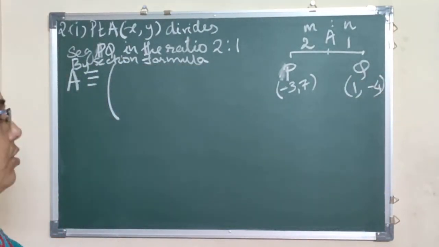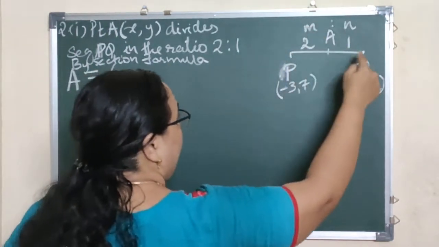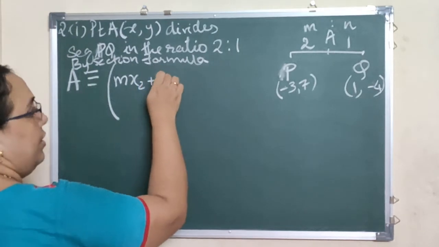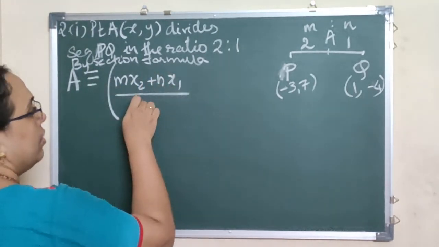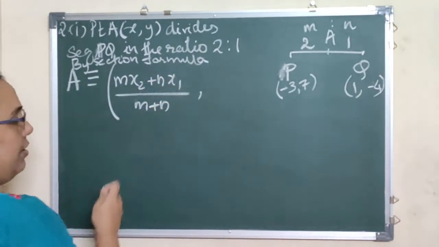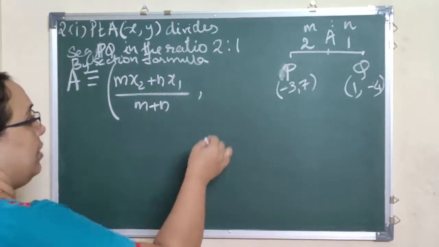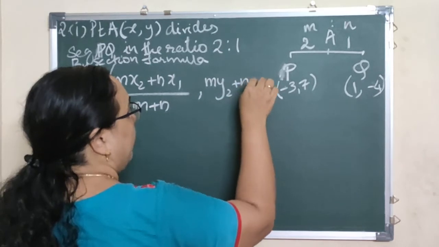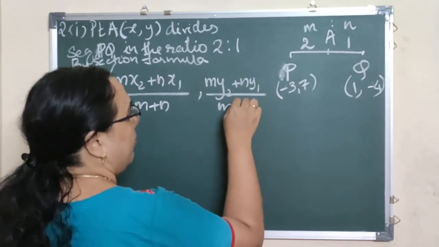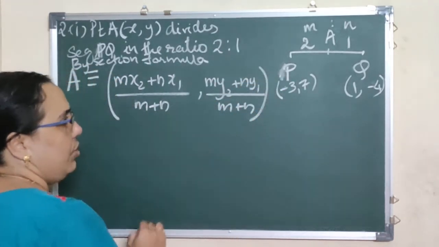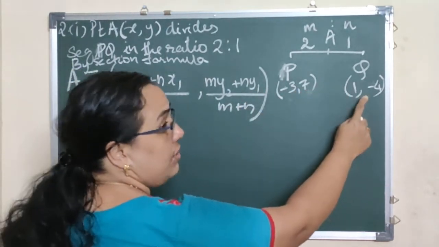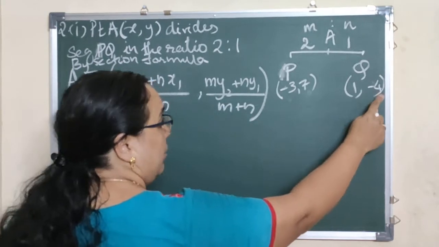So don't forget to write the formula: m into x2 plus n into x1 upon m plus n, at the same time m y2 plus n y1 upon m plus n. So we know which is our x1 y1, -3,7, which is x2 y2, 1, -4.